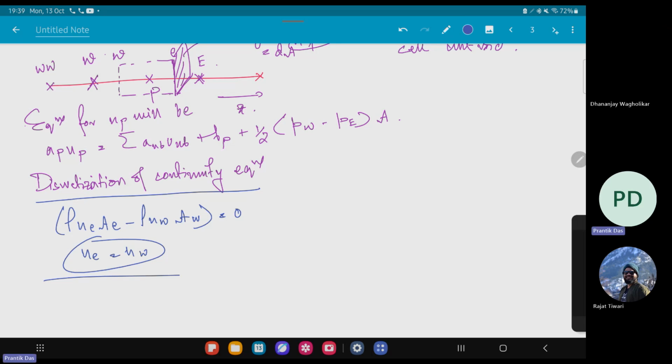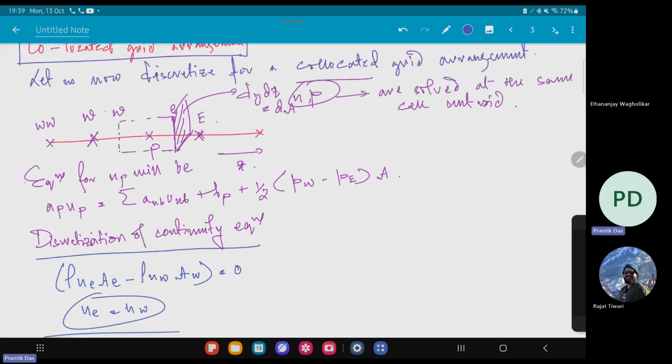So UE and UW are not available directly. Basically, you have to express this UE and UW as a function of the neighborhood cell centroids.